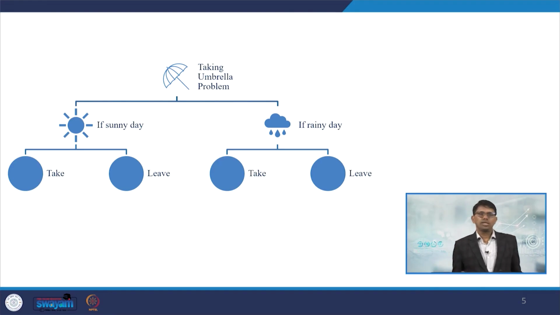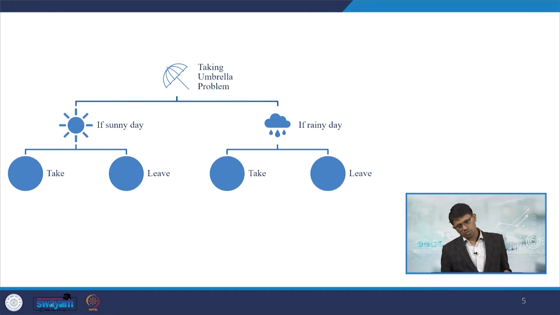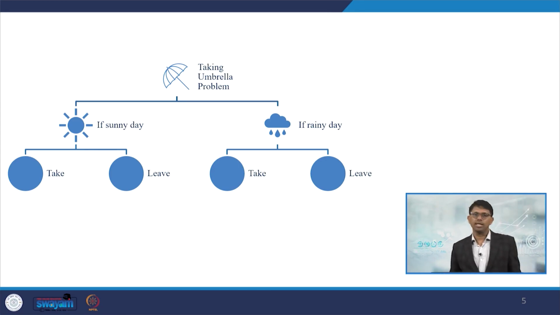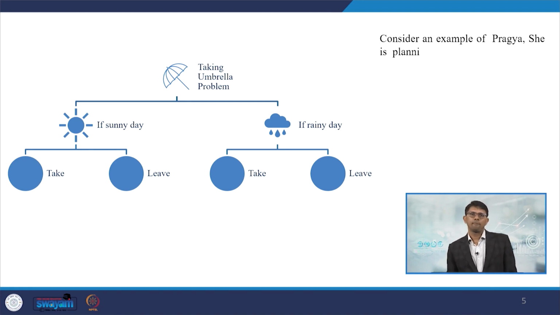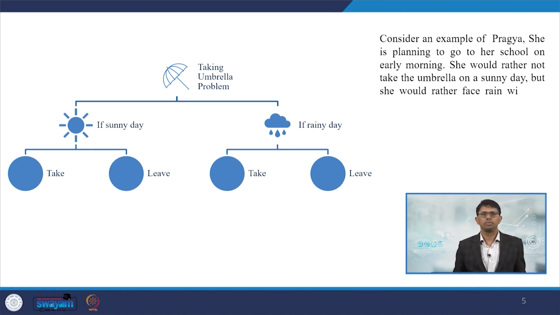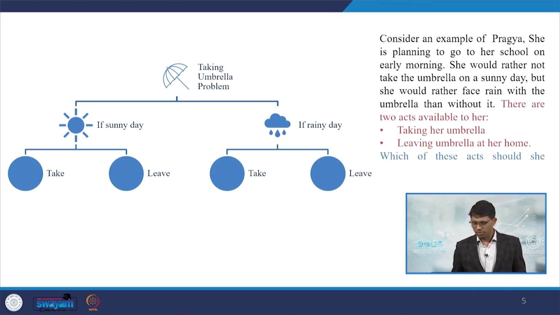Just to give you the context, in this illustration you will find how decisions are taken. Taking an umbrella is the problem here, given a sunny day or a rainy day: taking or leaving the umbrella on a sunny day, or taking or leaving the umbrella if it is a rainy day. Let us say a student, Pragya, is planning to go to her school early in the morning.